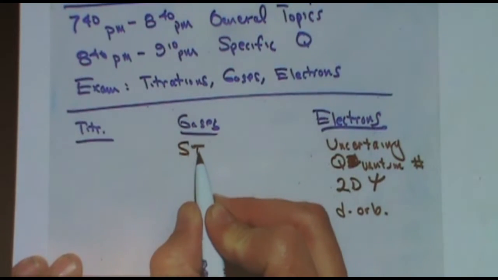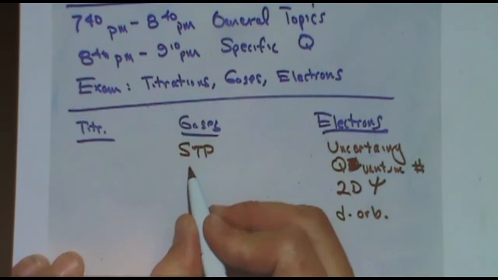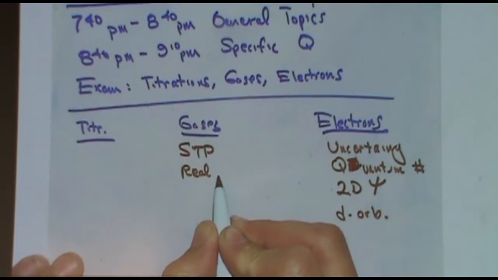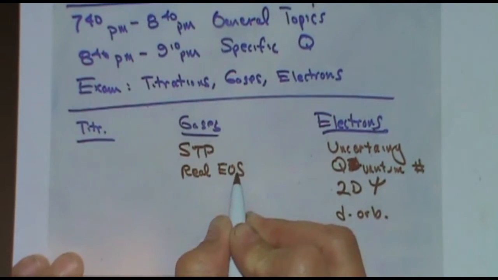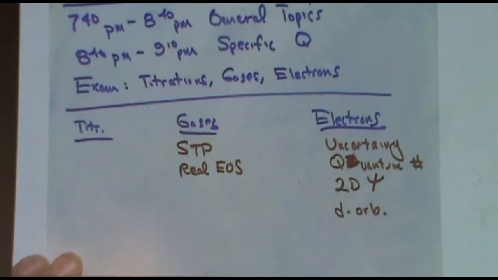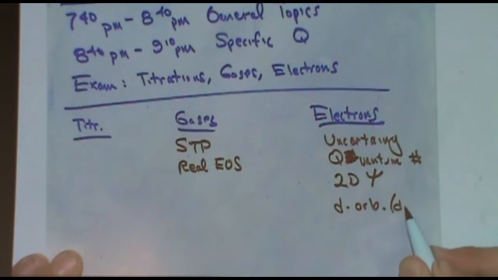STP, that's over here. Yes. Way in the back. The real gas equation of state, which is the van der Waals equation. Yes? Drawing orbitals. Okay. Well, d orbitals and others. Drawing. I'll just do all of them.